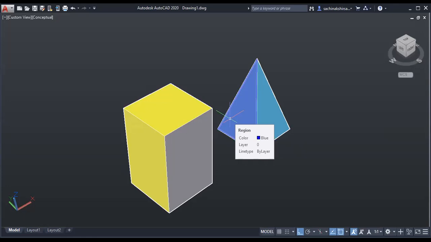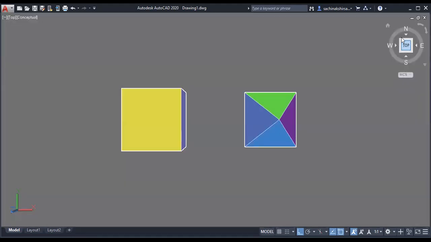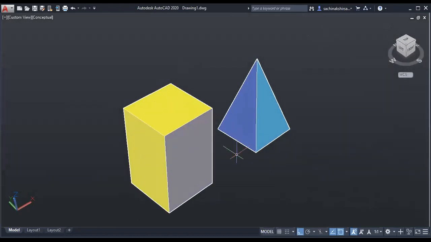And top and base, so 4 plus 2, 6. Similarly, how many flat surfaces does the square pyramid have, on the right? Five. Peripheral, how many? Four. And one is the base. So total 5. Very good.